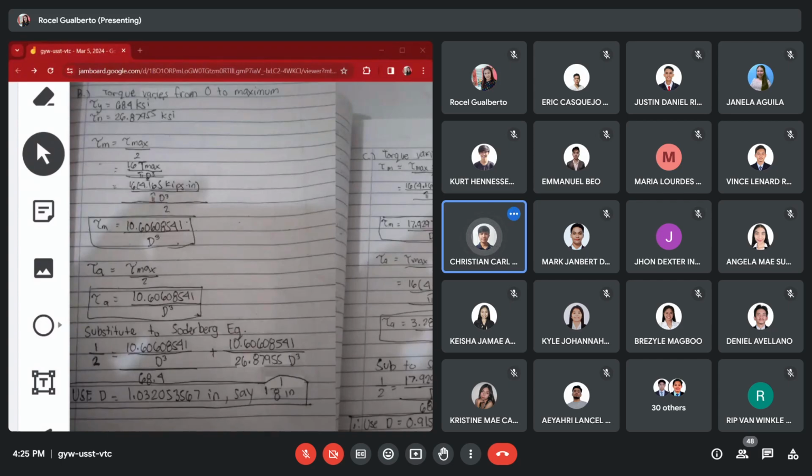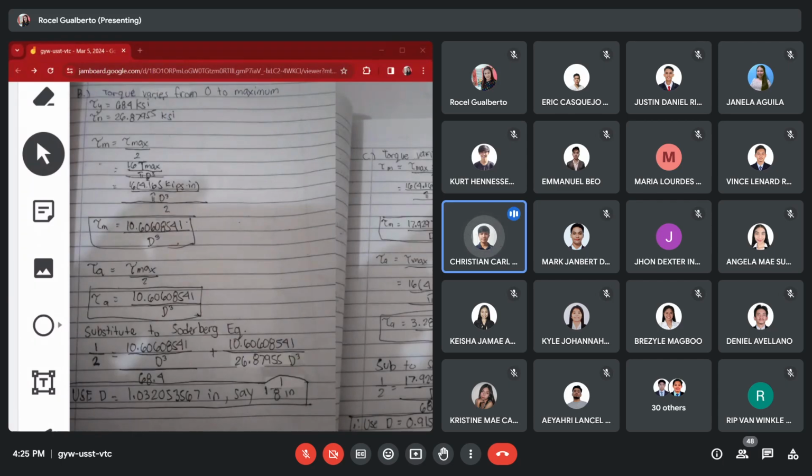Tapos po ang value po ng tau max ay 16 torque max over pi d cube all over 2. Tapos po nung sinubstitute po yung max torque na 4.165 kips inch, ang lalabas po ay 10.68541. Tapos over d cube po, yun po yung value ng tau m.